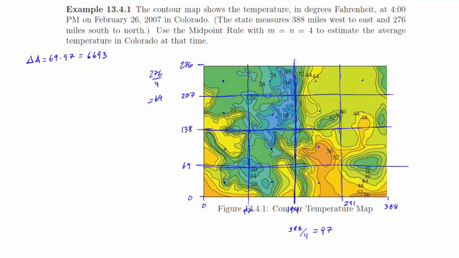So my volume over the state of Colorado, which is really essentially all the temperatures everywhere added together. So this is my temperature, T of x, y, dA. This is approximately all of these midpoint temperatures added up.